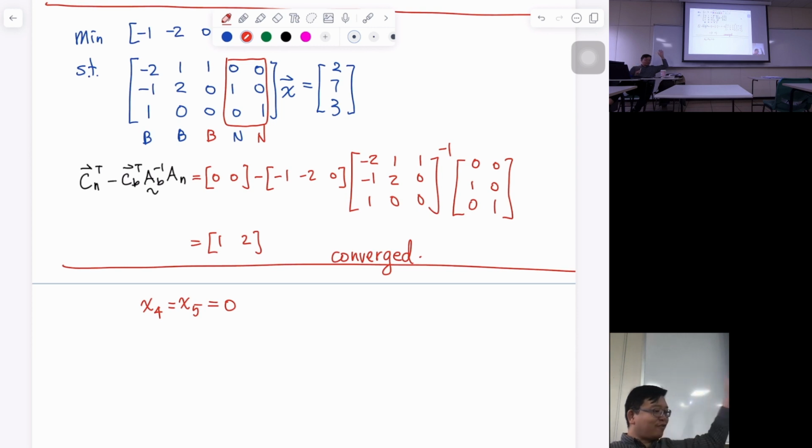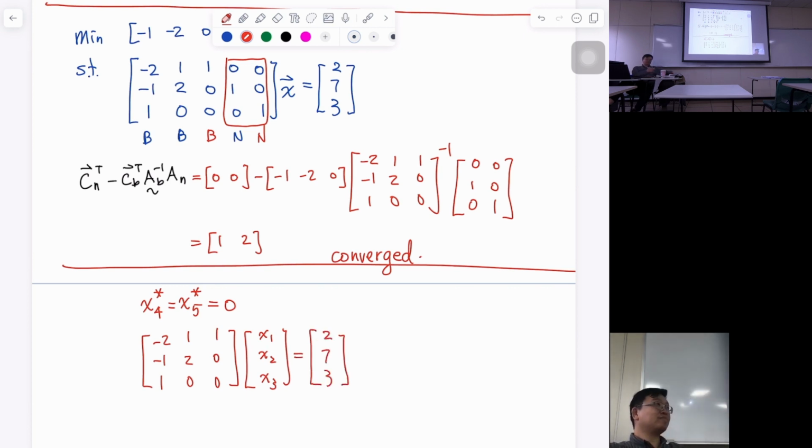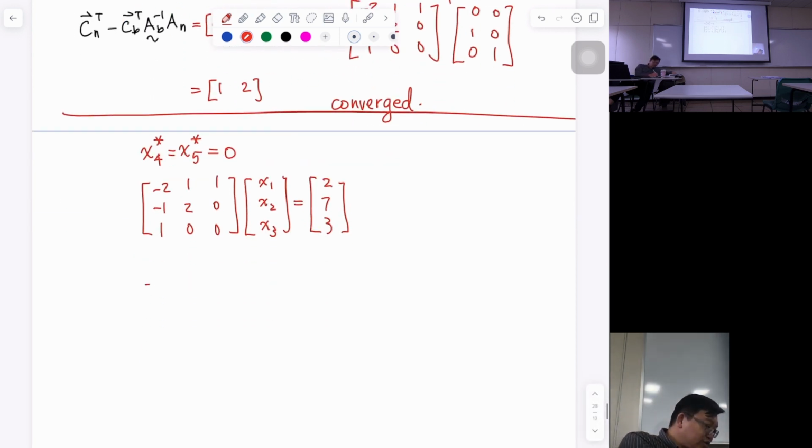And because x4 and x5 are non-basic, they remain 0. So the optimal solution for x4 and x5 are just 0. How about 1, 2, and 3? Basically, you need to solve for this.